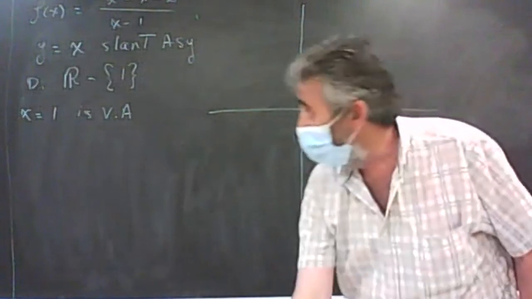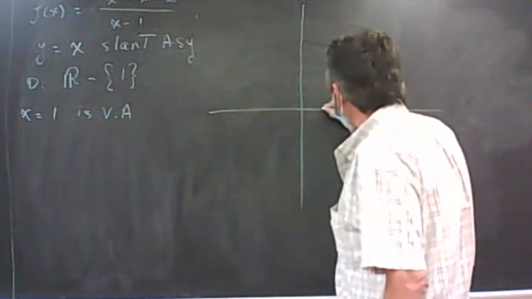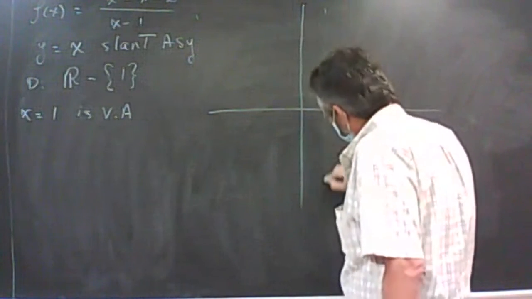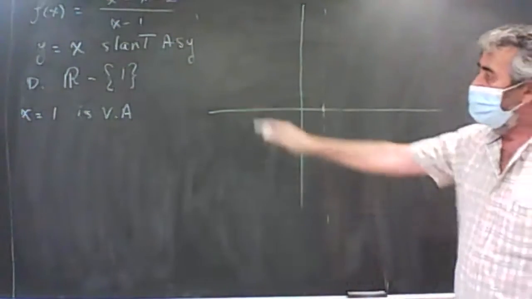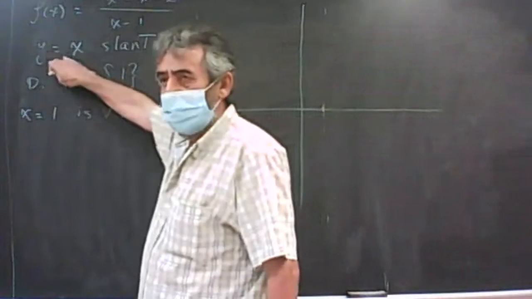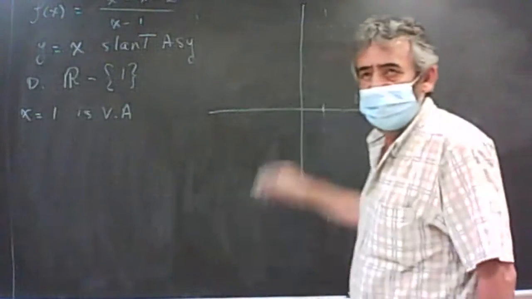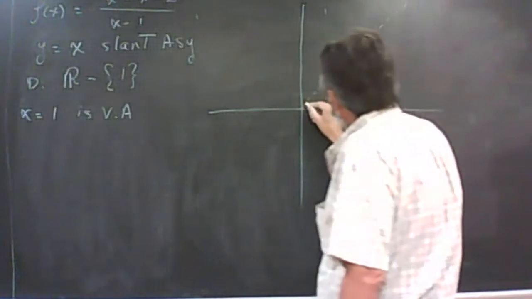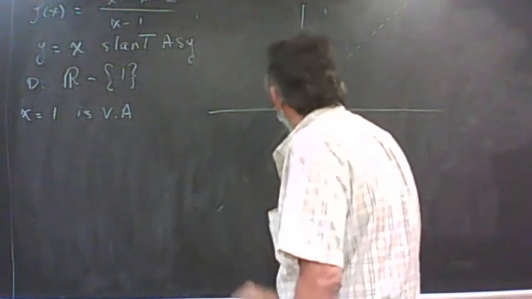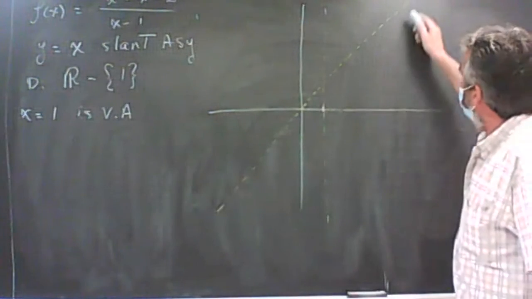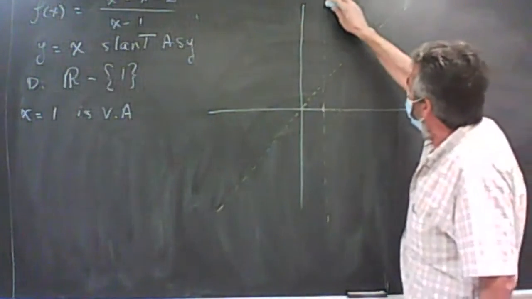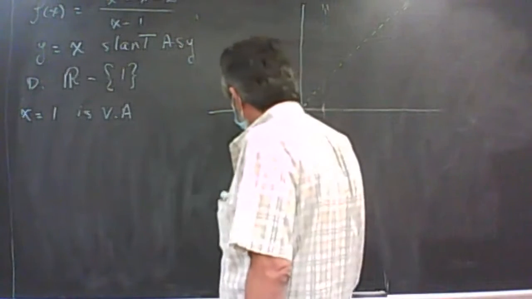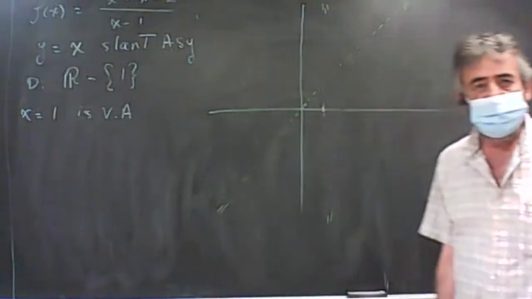So now let's go back to our graph. Asymptote number 1: vertical asymptote x equal 1. This one. Slant asymptote y equal x. So that's a 45-degree line, right? So the graph on this one is going to be like this, like this, or like that, correct?